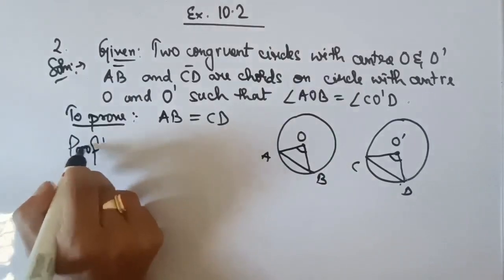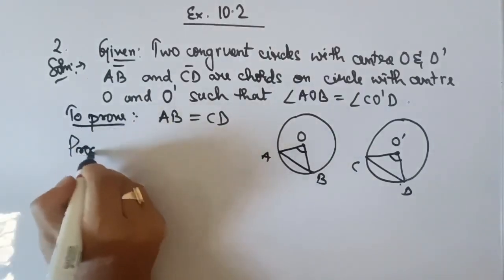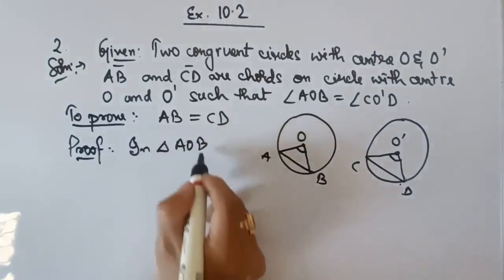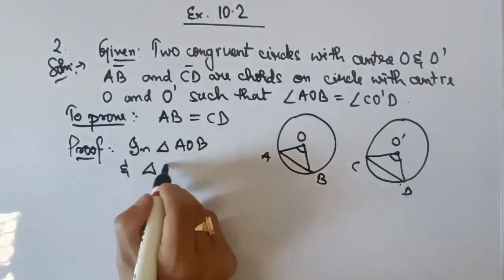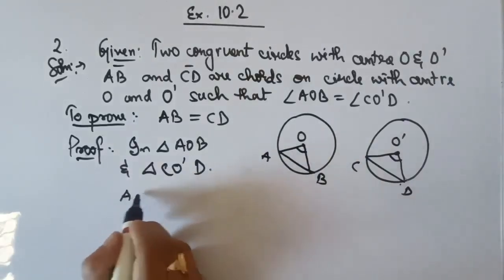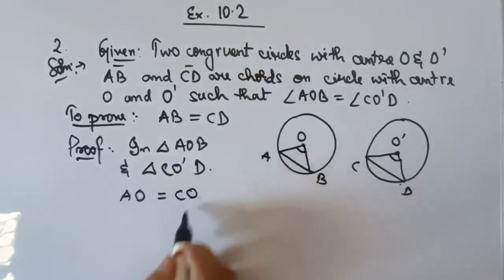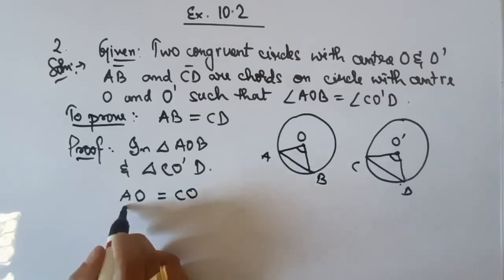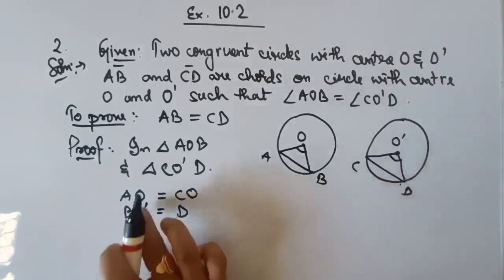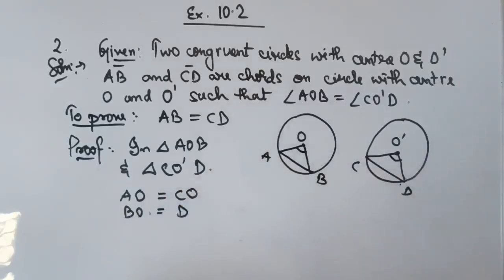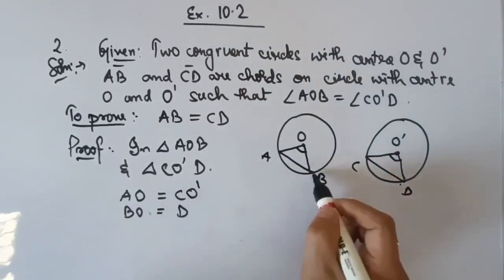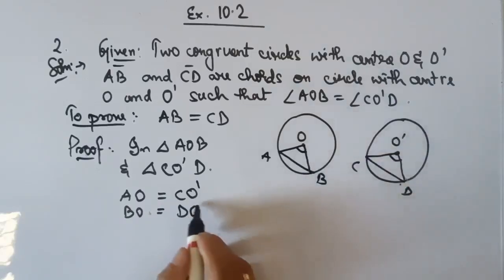Proof. In triangle AOB and triangle CO dash D, AO equals CO dash and BO equals DO dash.